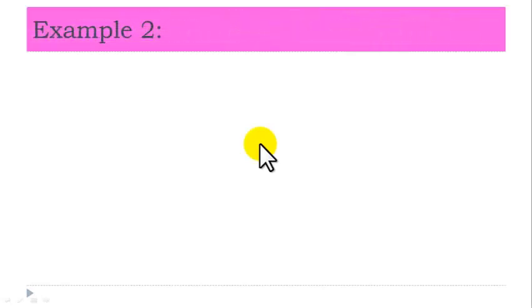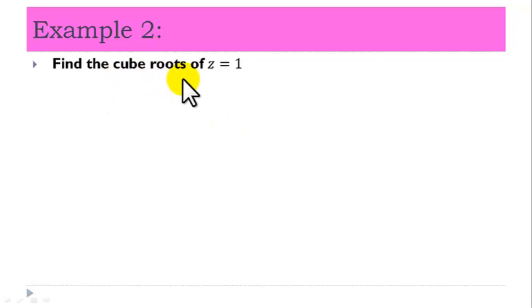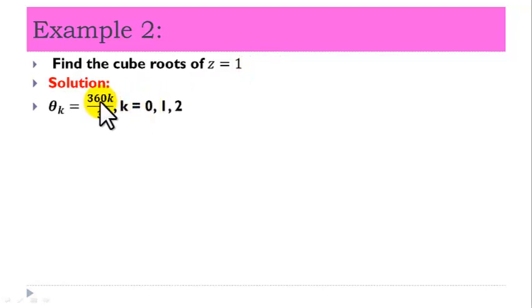Example 2. Find the cube root of z equals 1. Solution. Here n is 3. So theta k is equal to 360k all over 3 for k equals 0, 1 and 2. For k equals 0, we have theta 0 equals 360 times 0 over 3, which is 0 over 3, and this is equal to 0 degrees.